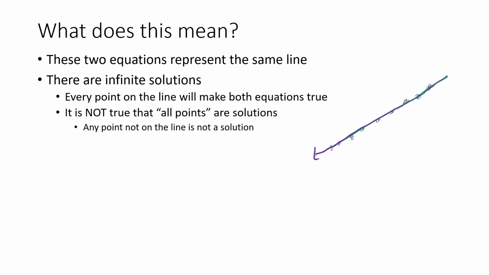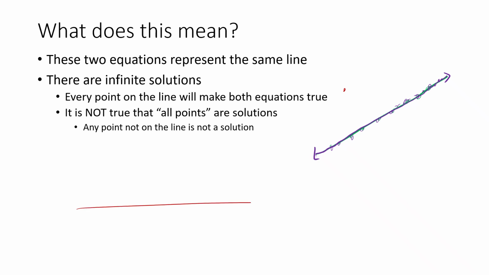Absolutely, but not all of the points that exist are on the line. So for example, that point is not a solution. That point is not on the line. So you want to be really careful about how you say that. You want to say the infinite number of solutions, but you don't want to say all the points are solutions.